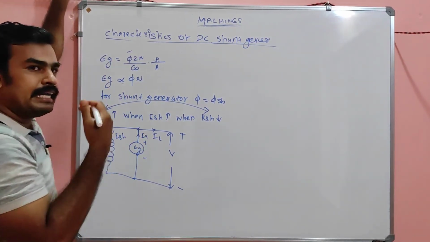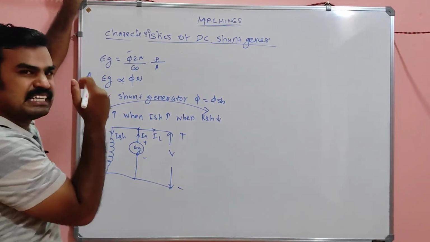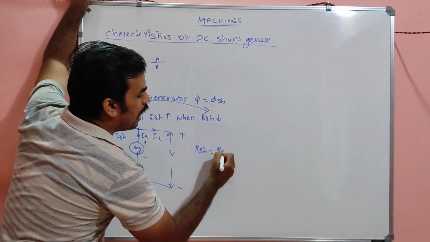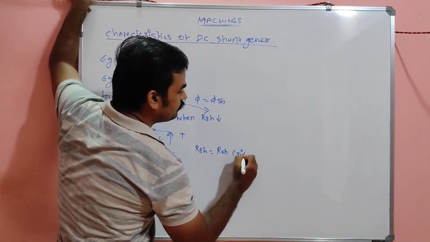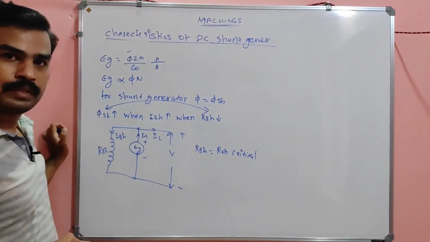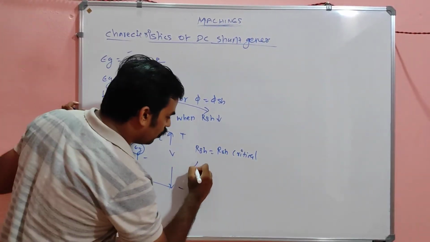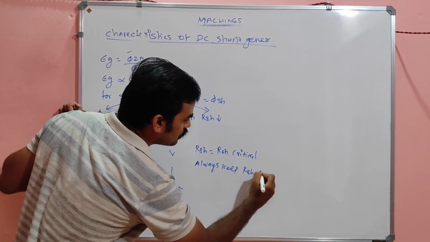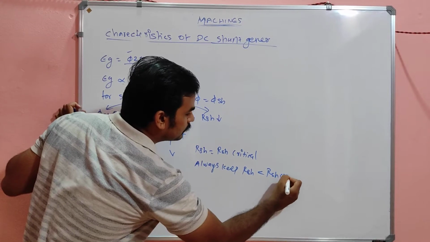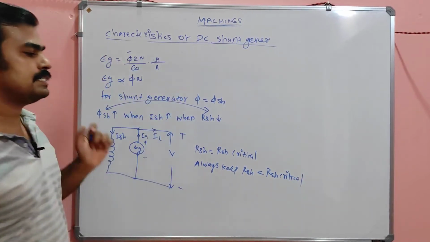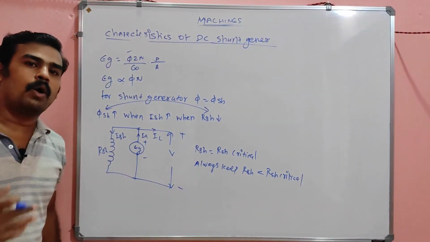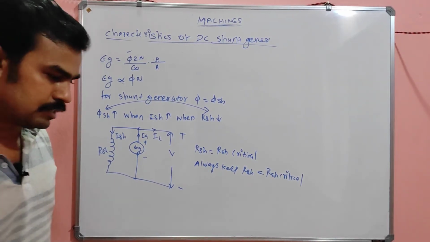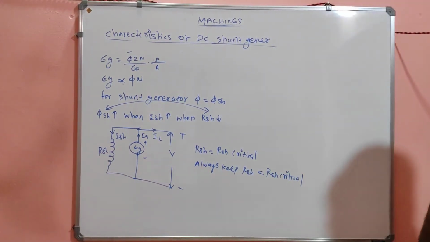So there should be some RSH critical. Always keep RSH below RSH critical. That means always keep the value of this RSH below the critical value of resistance.